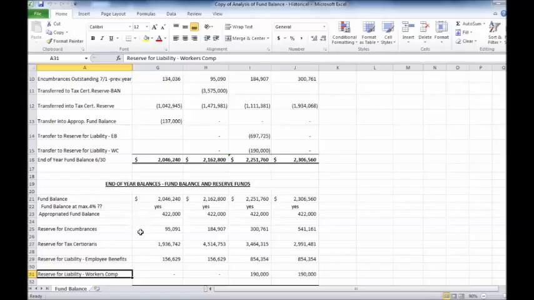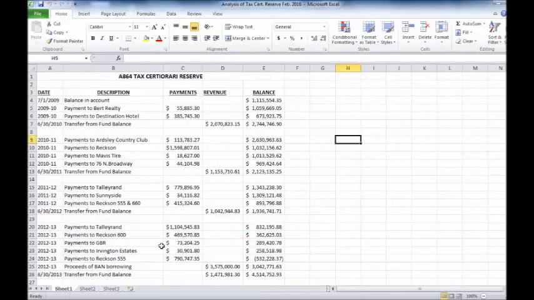Reserve for encumbrances, again, those are encumbrances where we've issued purchase orders and we have not received the items yet, but that we are committed to pay. The tax certiorari reserve balance at the end of that year was $1.9 million, and that ties in with the detail for the tax cert reserve right here.